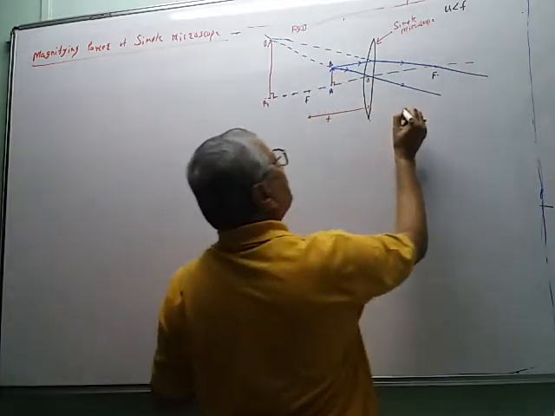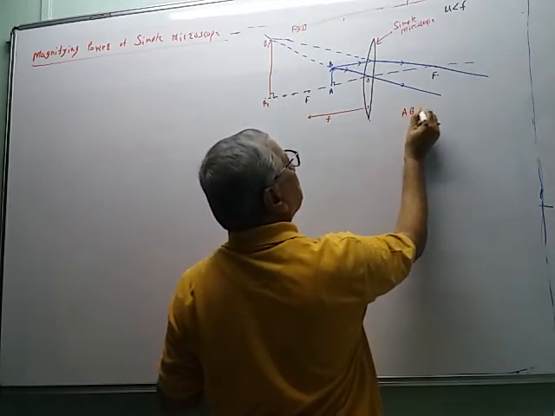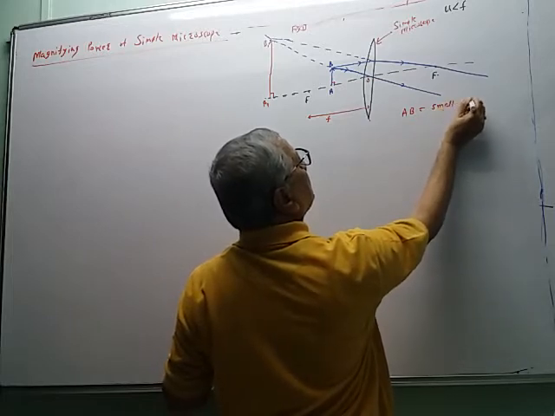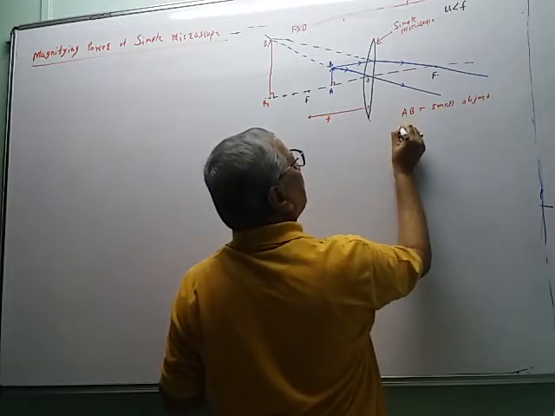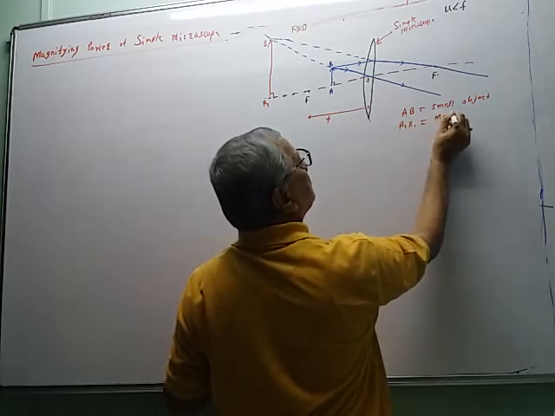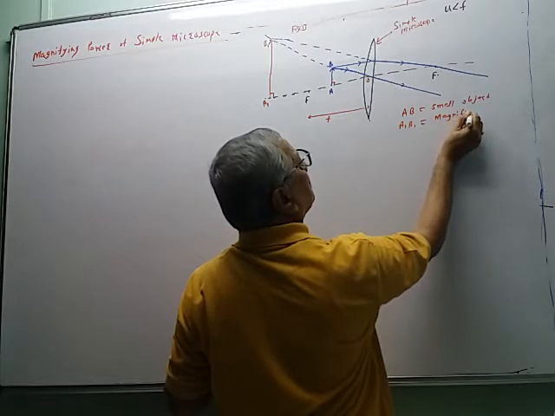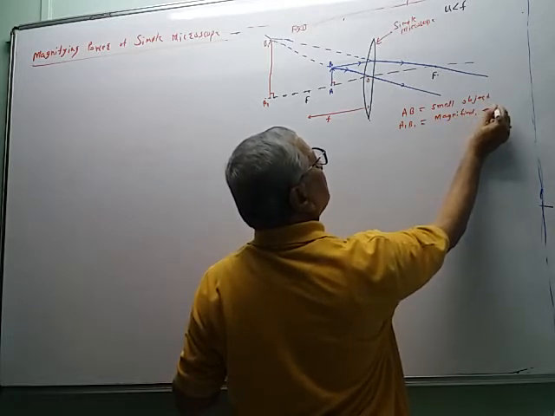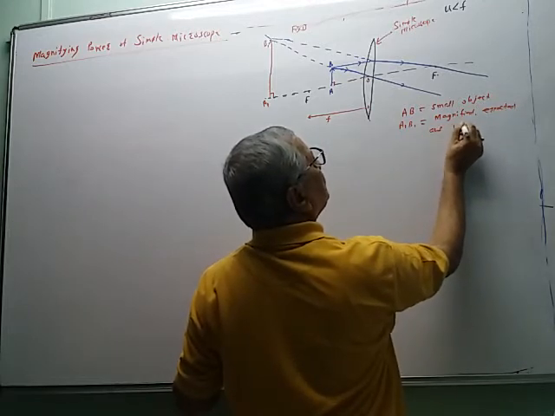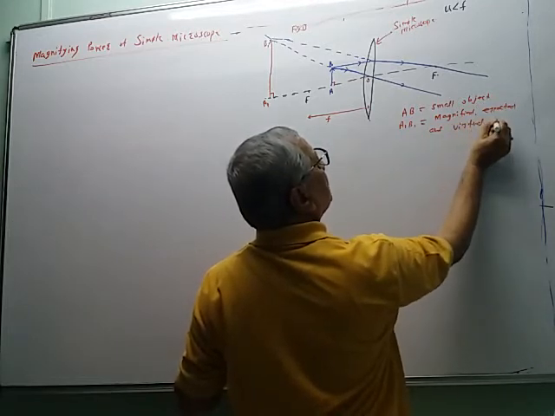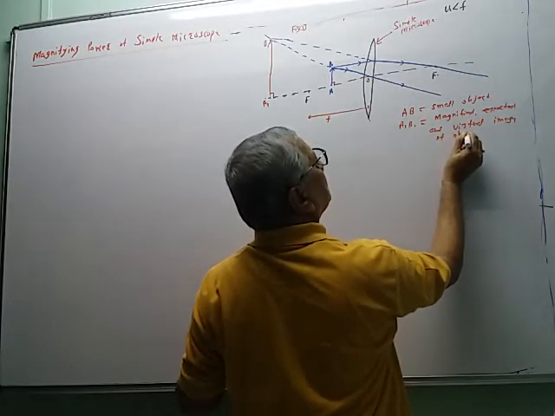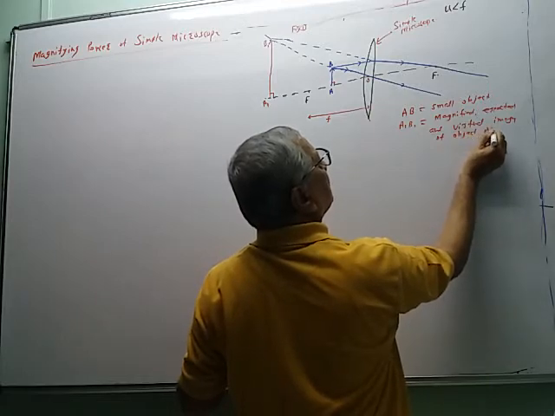So in our figure, AB is a small object, and A1B1 is a magnified, erect and virtual image of the object AB.